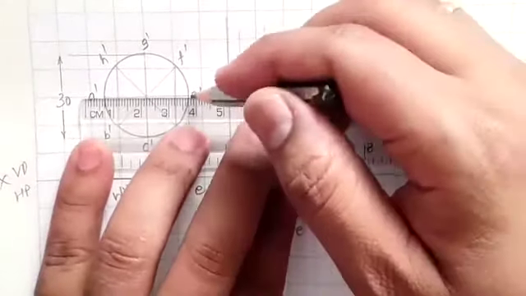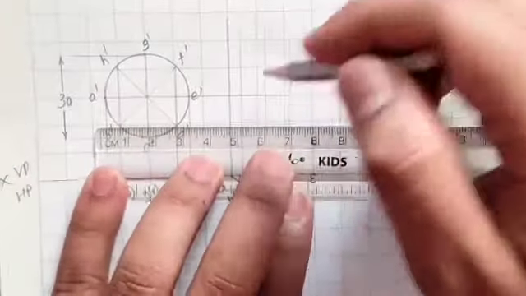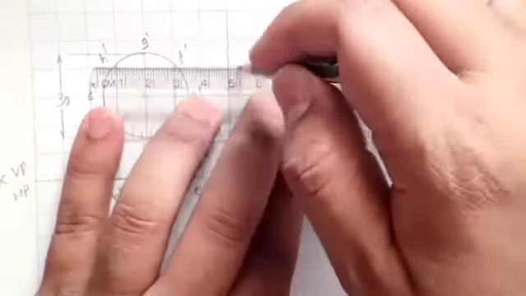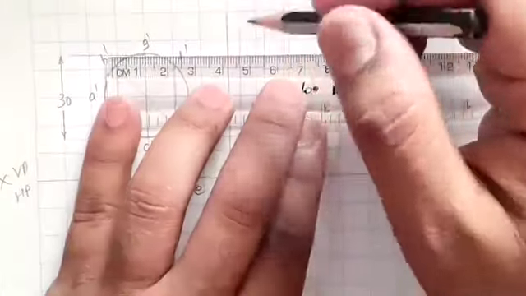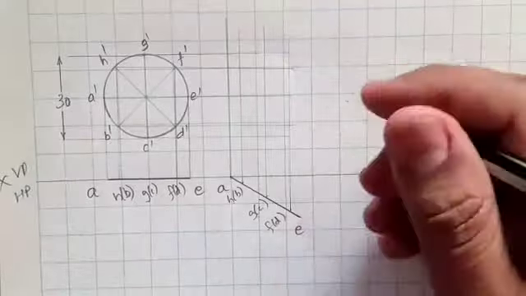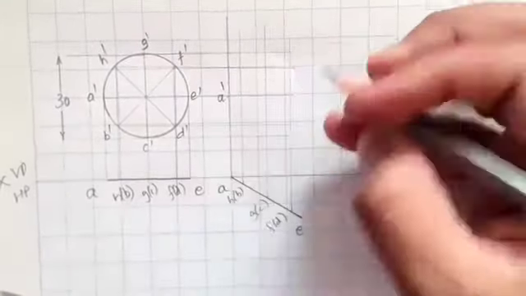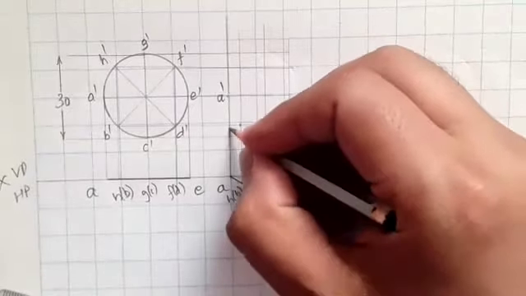Can start from A, and B and D will be on the same line. Then from F and again from G. So identify the location. This is A dash. Next, this is B dash.